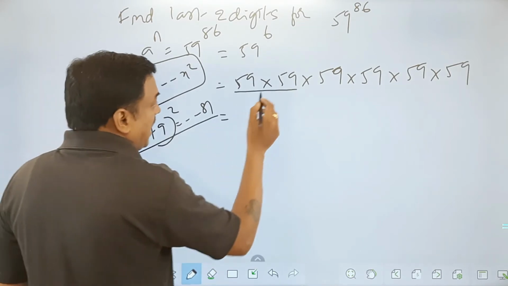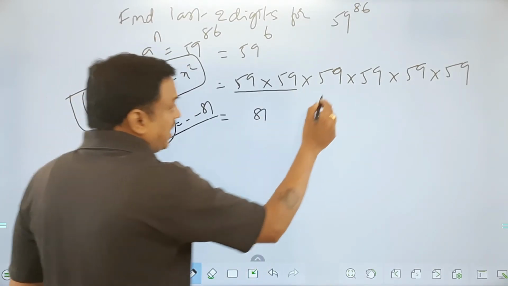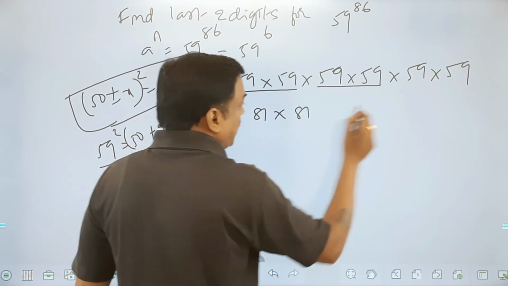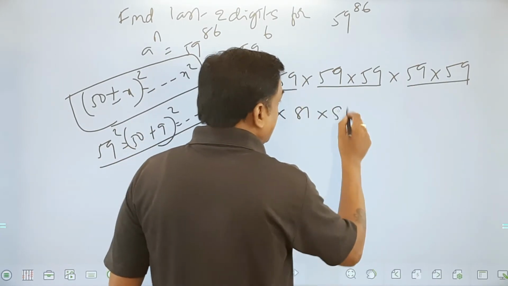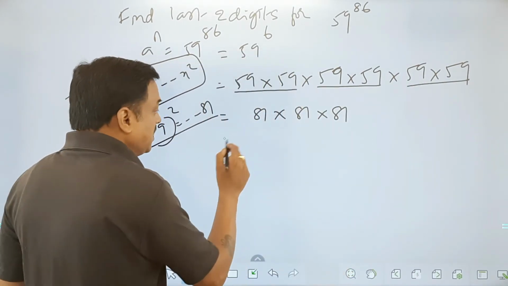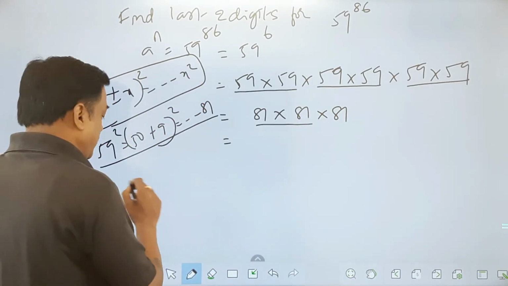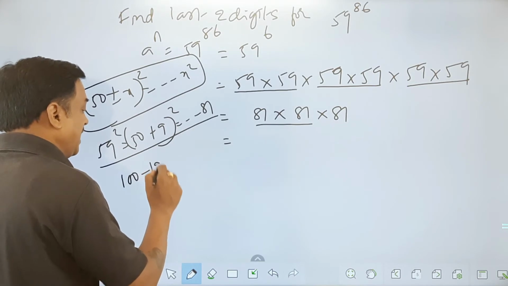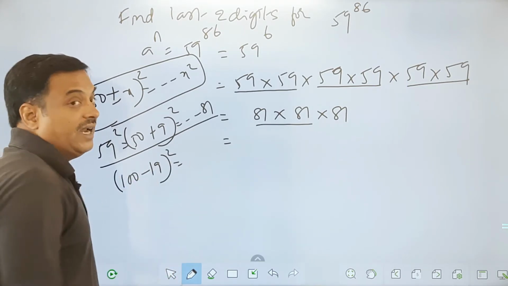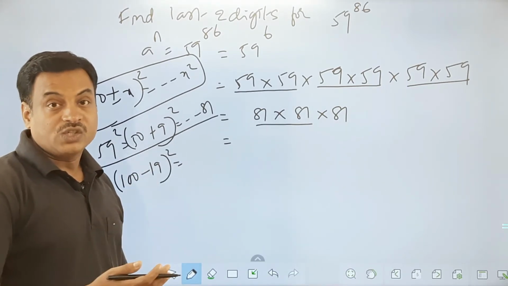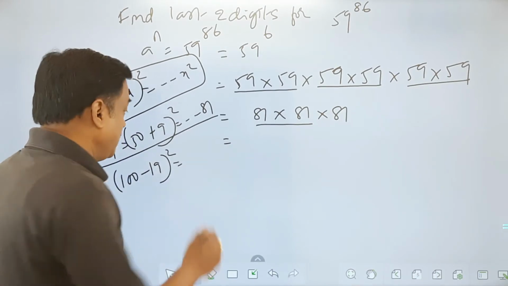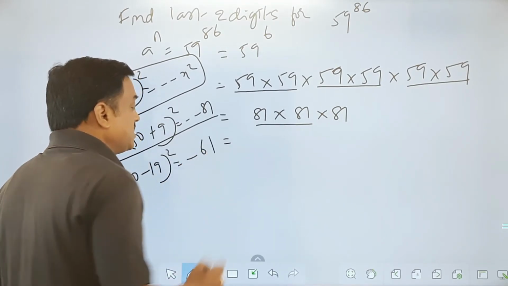So here I will write this last two digits as 81, this as 81, and this as 81. Now again, 81 square can be written as 100 minus 19 whole square. If you remember, 19 square is 361. So the last two digits will be 61.